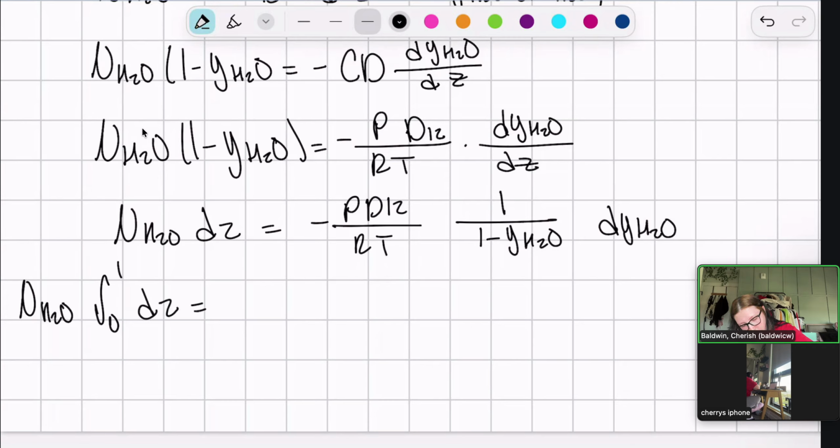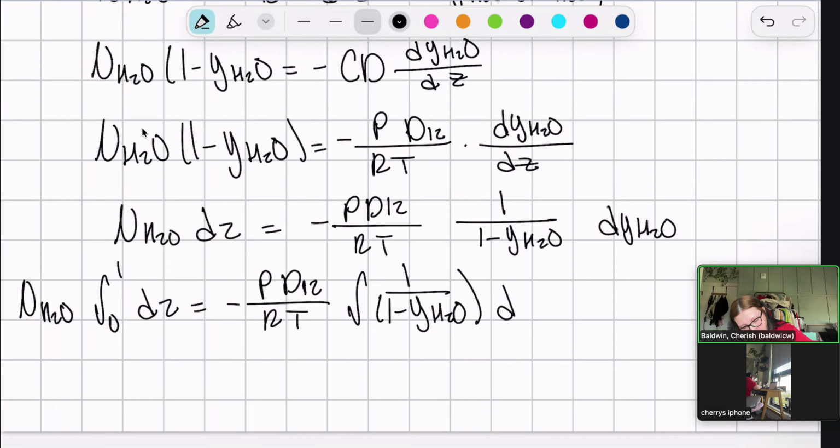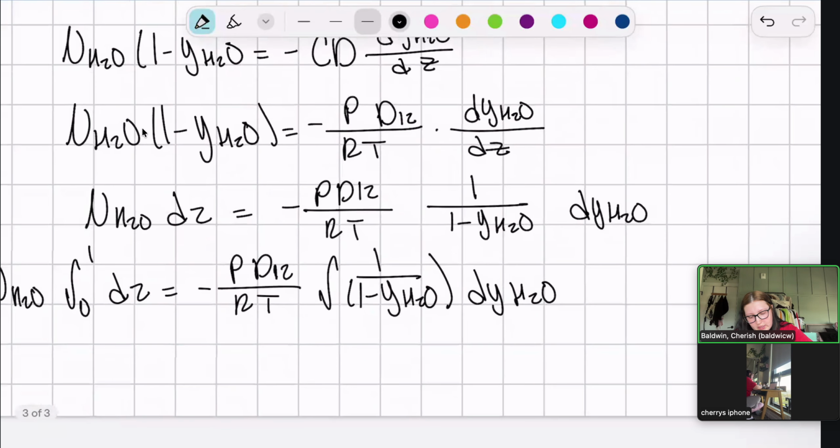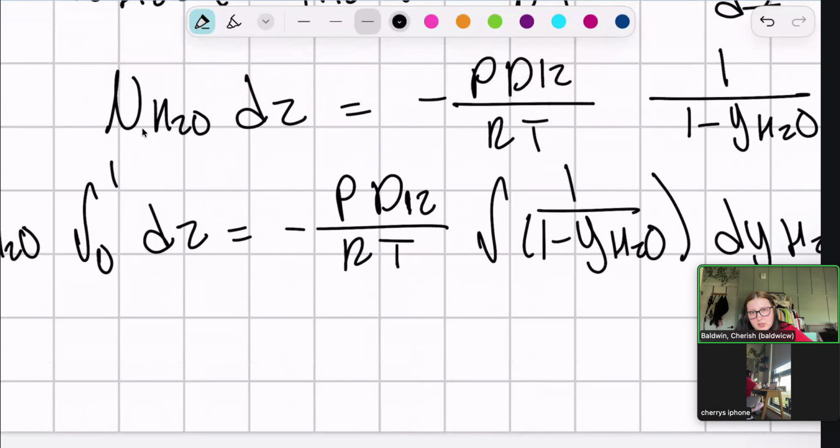This is constant pressure, RT, integrate 1 over 1 minus Y H2O dY H2O. And the limits that we're going to set this side equal to is the mole fraction.